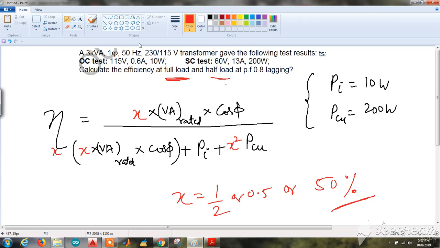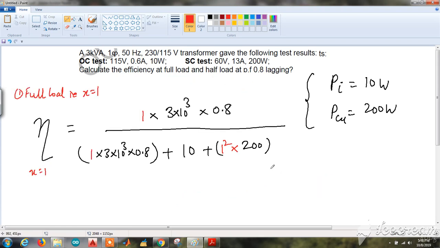So first let us calculate at full load and then half load. And the power factor is given as 0.8. Like this, I have substituted the value of 1 in x. And VA rated I have substituted as 3 kVA. 0.8 power factor is given.